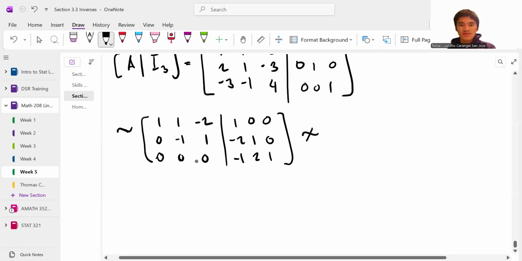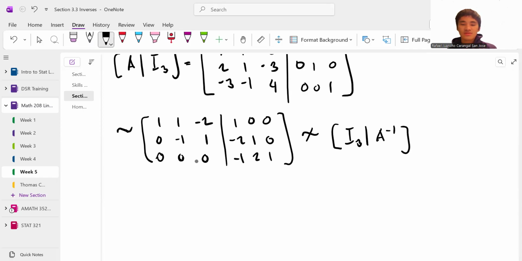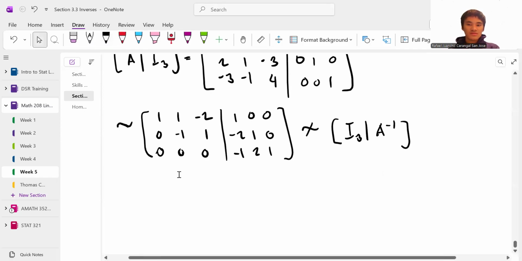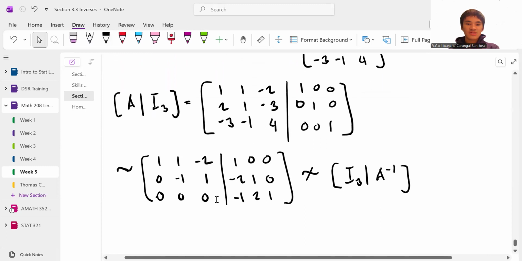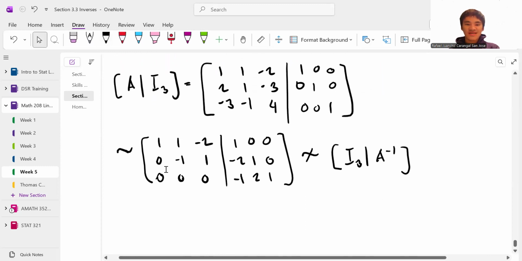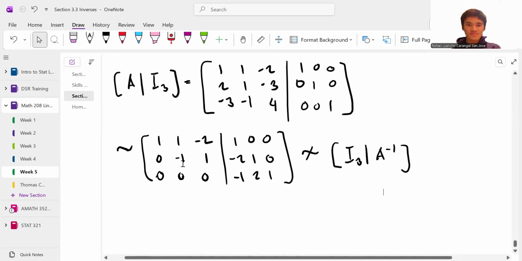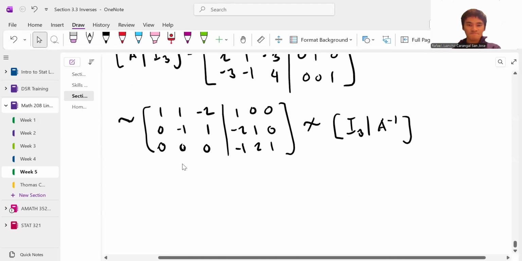So this is not equivalent to an I of 3 and an inverse of A. So this is one of those cases where we just can't seem to find the identity because we already made this one a 0.